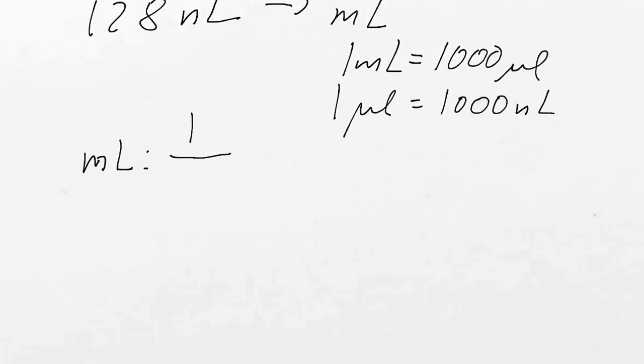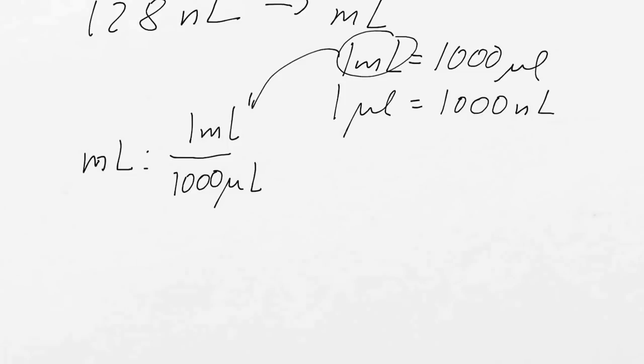I have 1 milliliter, and that equates to 1,000 microliters. Yeah? That's from here. And because there is this equal sign here, at this point here, I can turn it around in the way I need it.